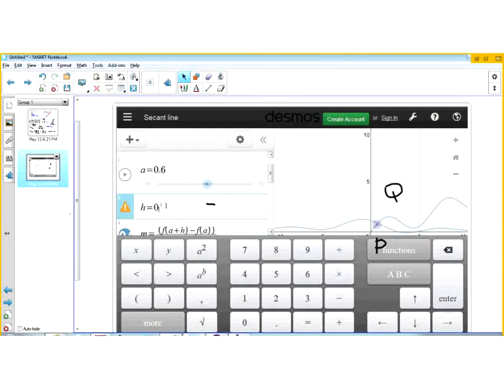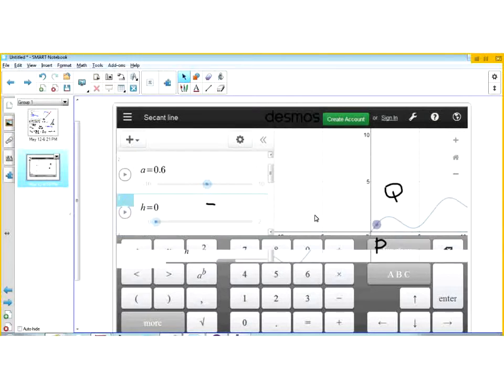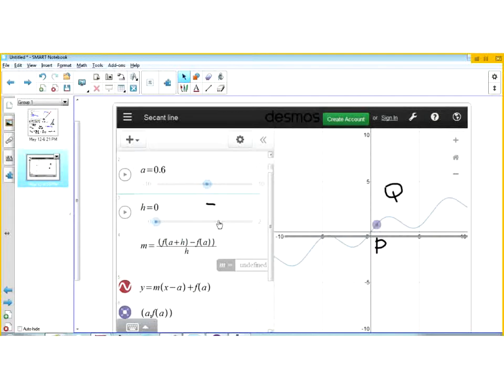If I make it exactly 0, what do you think happens? When the 2 points Q and P are on top of each other, we see only one line, and that red secant line became a tangent line.